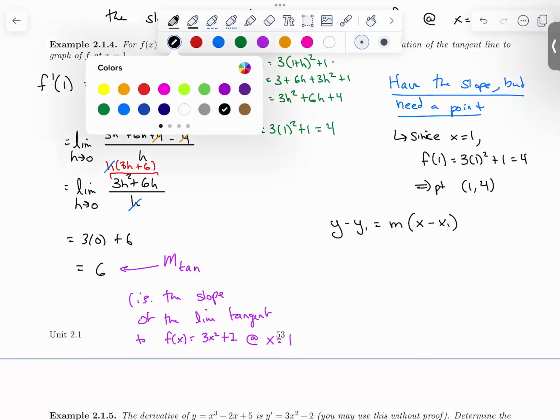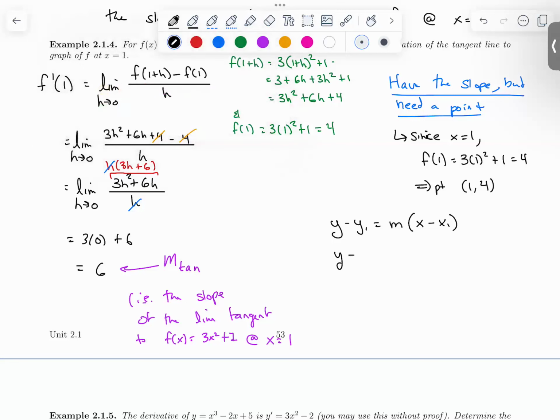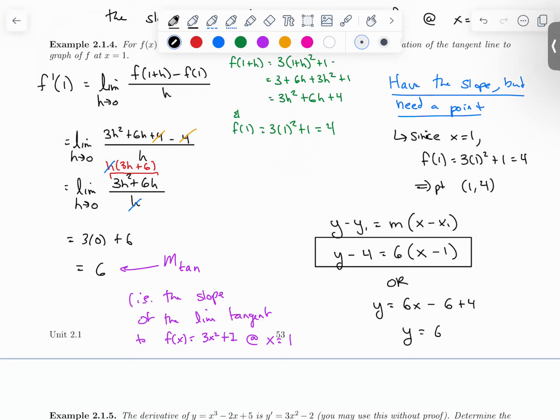So this will be y minus 4 is equal to m, which is 6, times x minus 1. That is the way I'd prefer it. Or you can simplify it to slope intercept form: y equals 6x minus 6 plus 4, or y equals 6x minus 2.